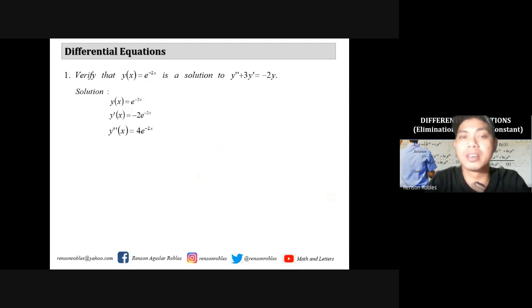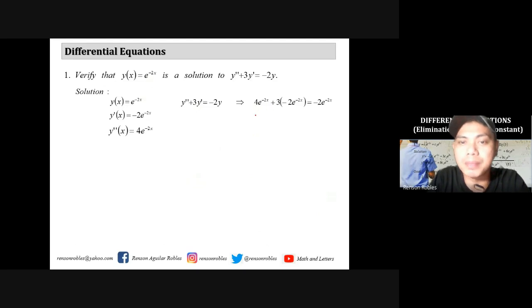Now we can replace y prime by negative 2 e to the negative 2x and y double prime by 4 e to the negative 2x, and y by e to the negative 2x. Then we have this equation: 4 e to the negative 2x, that is our y double prime, plus 3y prime, which is negative 2 e to the negative 2x, equals negative 2 times y, which is e to the negative 2x.